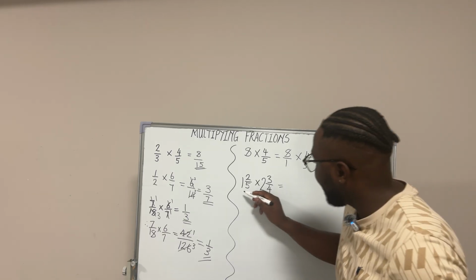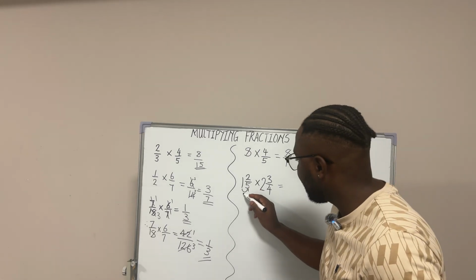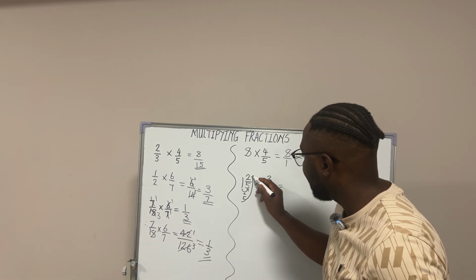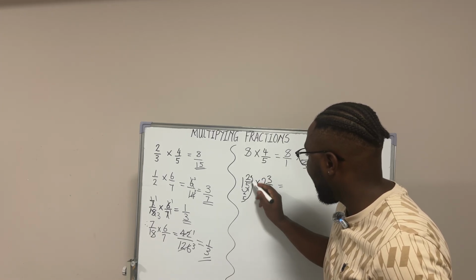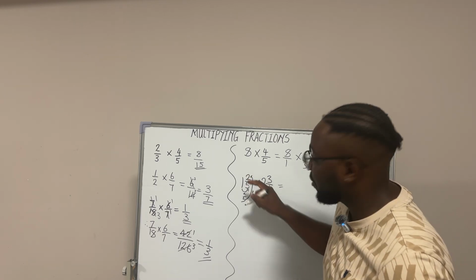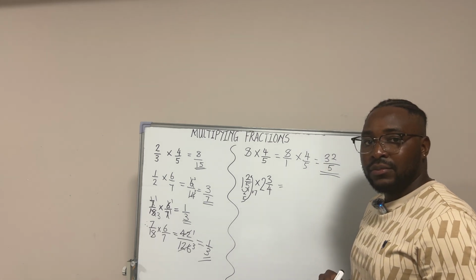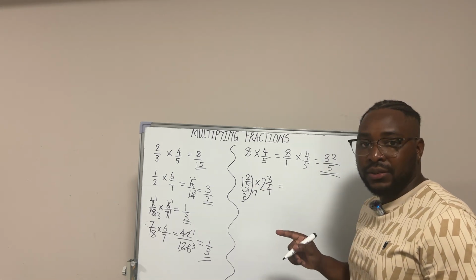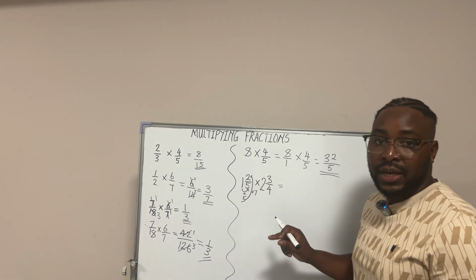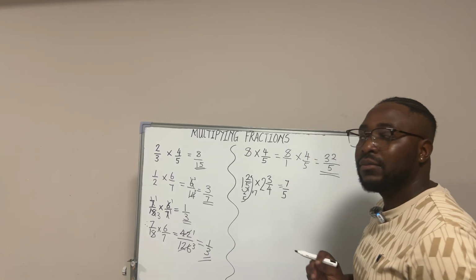We multiply the whole number with the denominator. So 1 multiplied by 5 is 5, and then we add the 5 to the numerator. So 5 plus 2 is 7. And then we keep our denominator. So our improper fraction for our first mixed number will be 7 over 5.